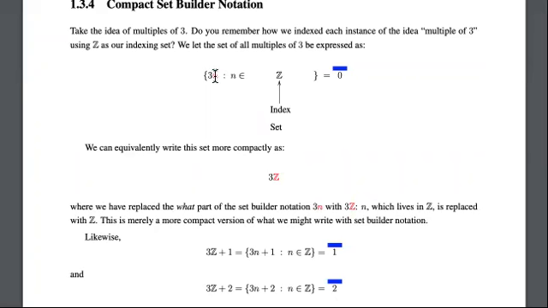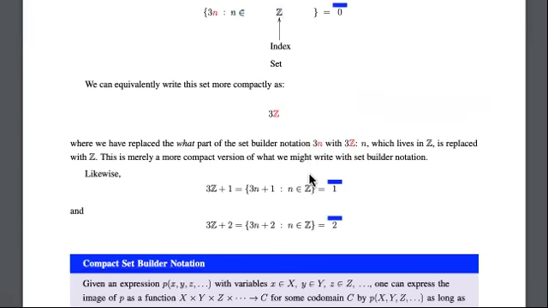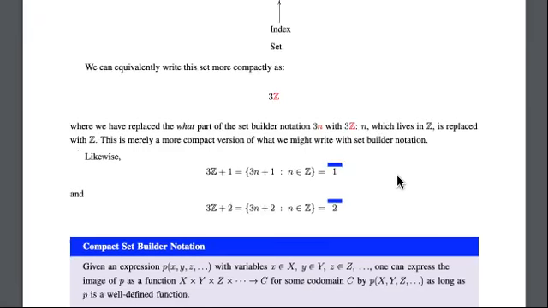Notice it can be thought of directly from set builder notation, 3n, where n is an element of Z. We just replace the n with a Z and you have this. So I call this compact set builder notation. It doesn't always work. There are some exercises which explore that idea a little bit. But still it works in this case.